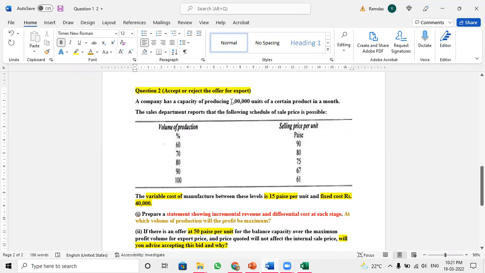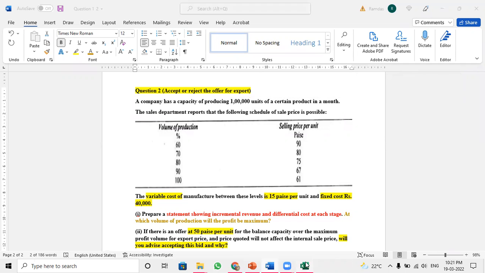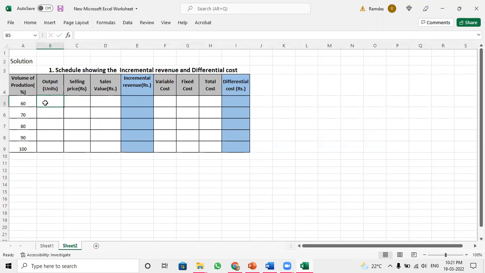So the maximum level is 1 lakh, but it is not manufacturing at all levels of activity.